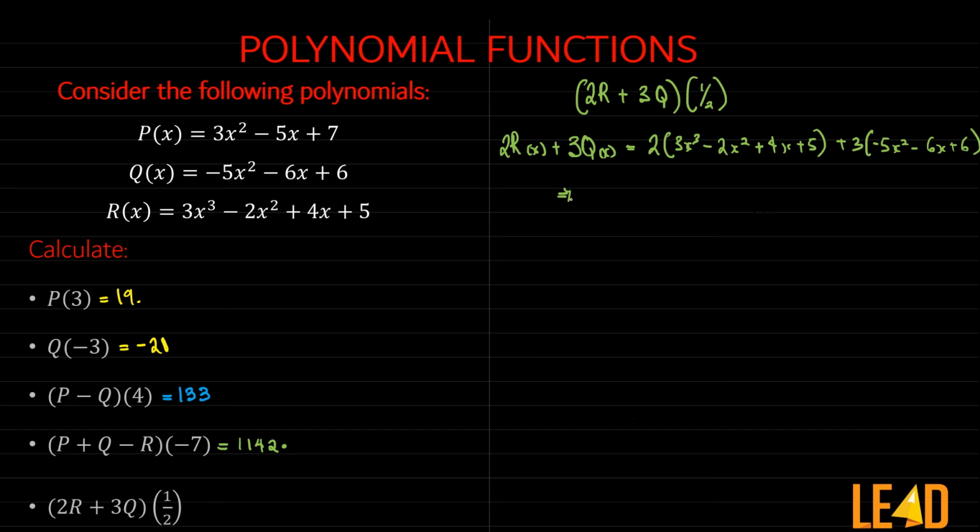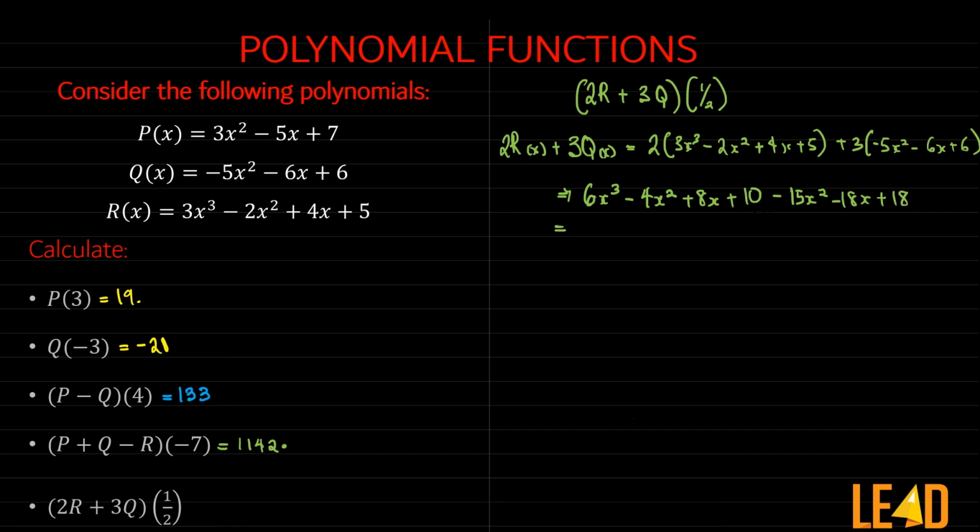The next line would be 6x cubed minus 4x squared plus 8x plus 5 plus 10 rather. So this is 6x cubed minus 4x squared plus 8x plus 10. Then minus 15x squared minus 18x plus 18.